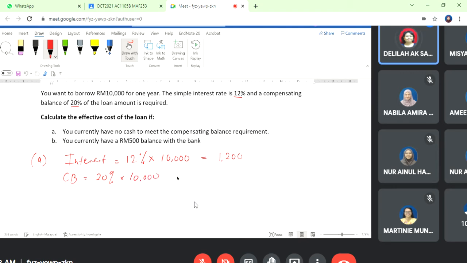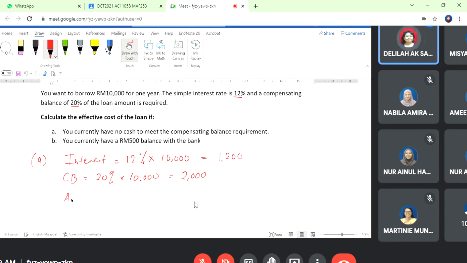Inilah sebanyaknya mana yang you nak pinjam, 10,000. So according to the requirement, you must maintain 2,000 ringgit minimum balance in your account. Selagi pinjaman ni masih berjalan, selagi you tak langsaikan hutang ni, you must have 2,000 ringgit minimum.